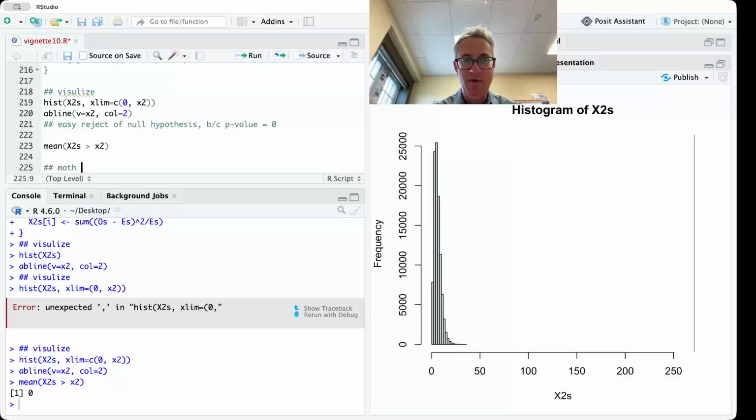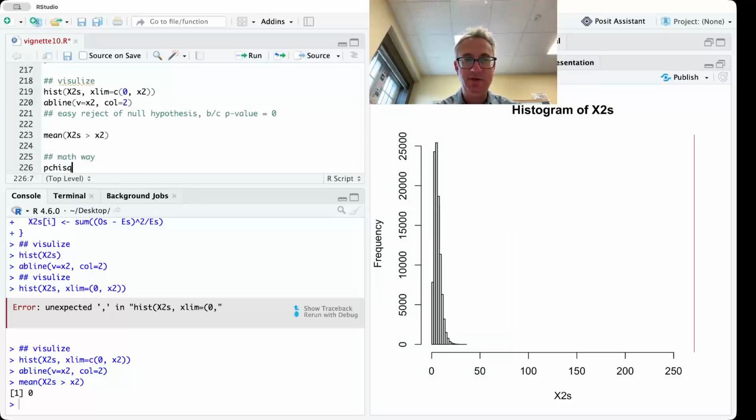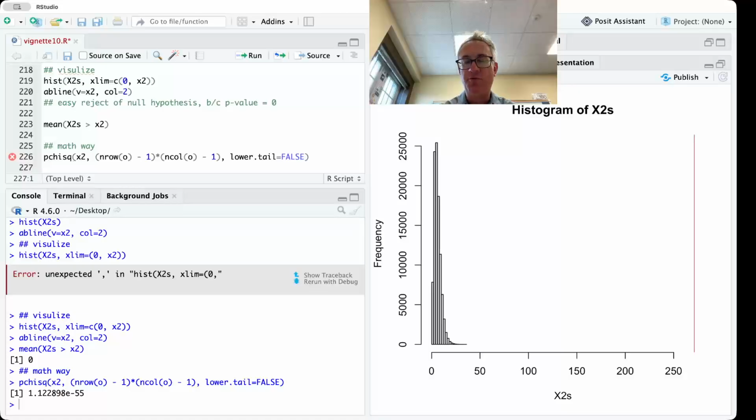And if you do it the math way, with pchisq, x2, nrow of O minus 1 times ncol of O minus 1, lower tail equals false, you can get a more precise number, but I mean, not really. 1 times 10 to the minus 55, your computer doesn't even have the ability to represent a number that's as small as 10 to the minus 55.